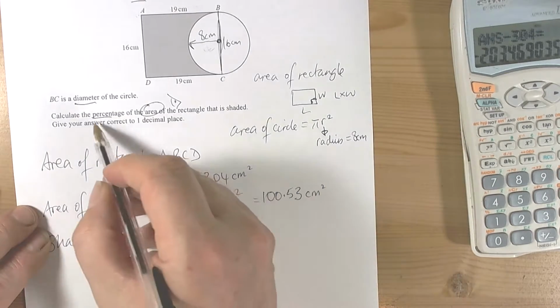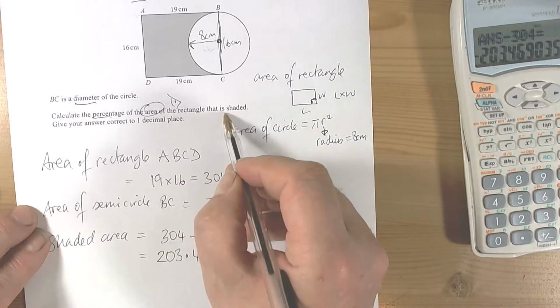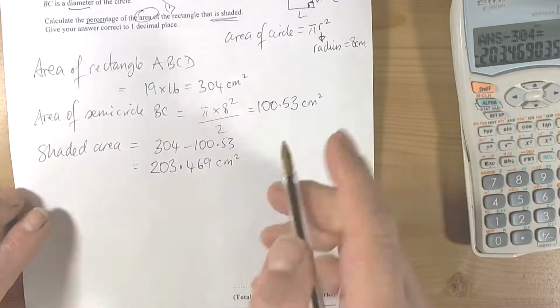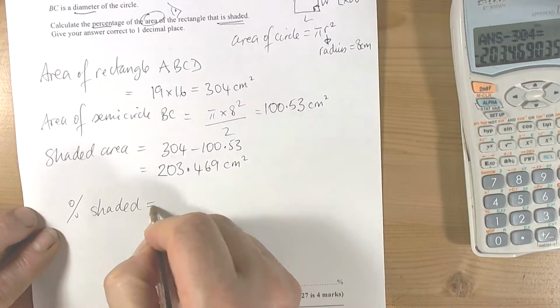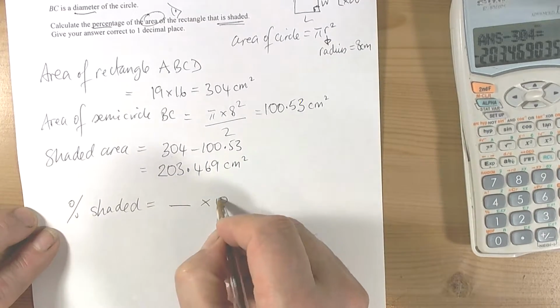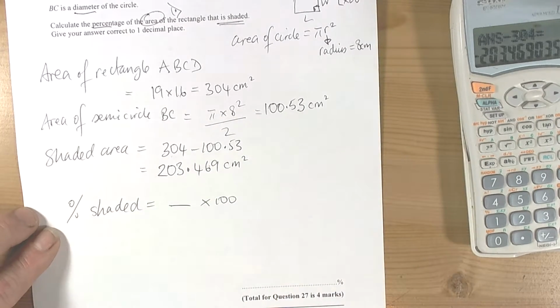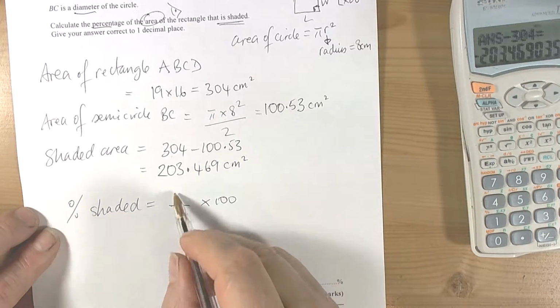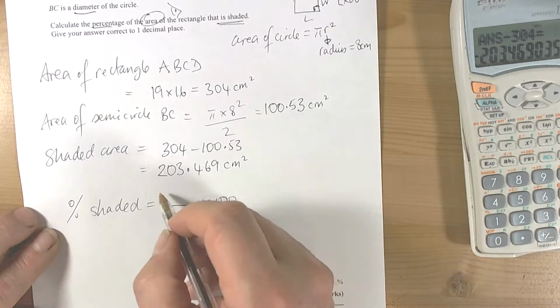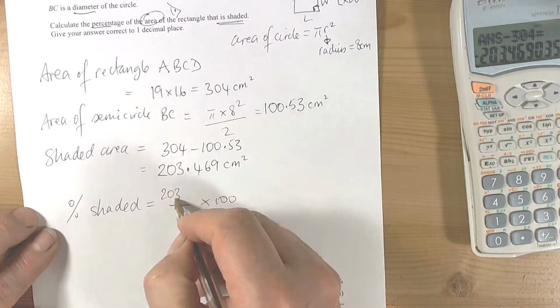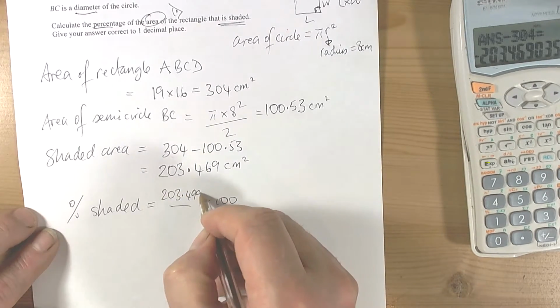The question says calculate the percentage of the area of the rectangle that is shaded. Okay, so percent shaded is equal to the fraction times 100. So percentages of one number of another number is always fraction times 100. That's a quick way of doing them. So the shaded bit was 203.469.